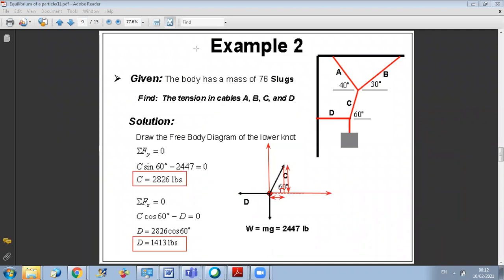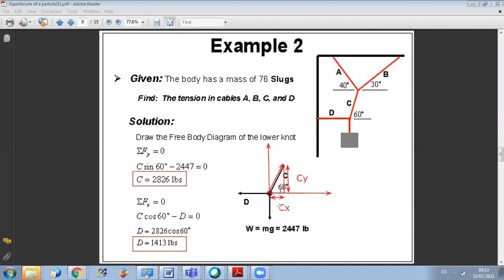Now in this triangle, if you know one angle, you can find the projections, because you have the hypotenuse, which is C.